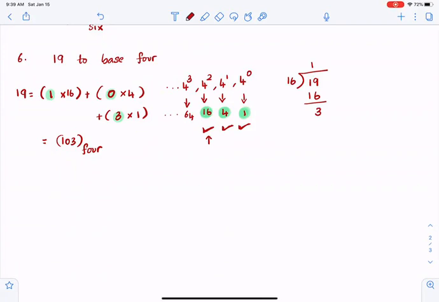So you have 1 and you have 3, and you can't go any further because you can't divide 3 by 16. That is going to become, kind of pointless.